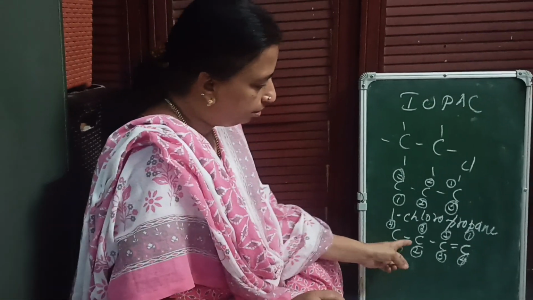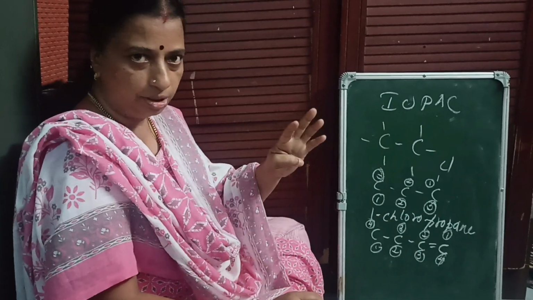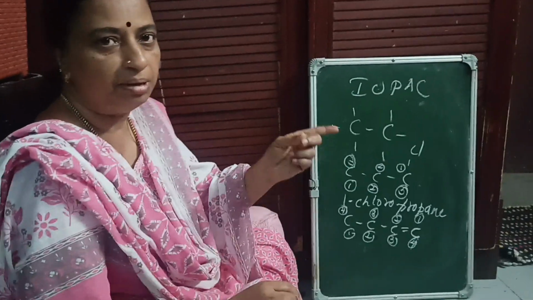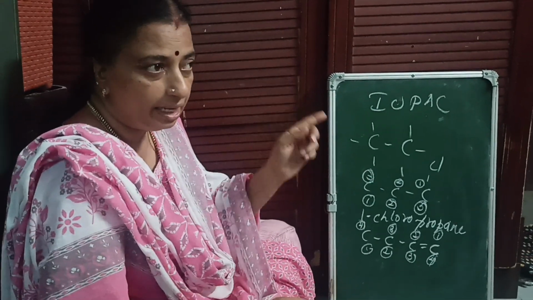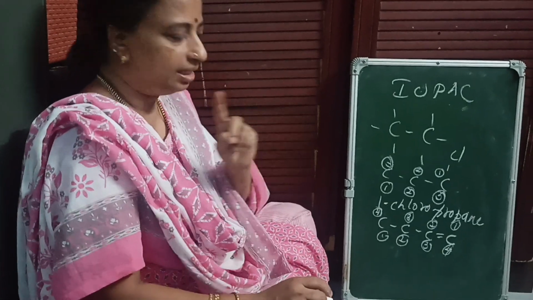If you are counting from here, the third carbon has the double bond. So but, it will not be ane, and ane will be replaced by ene.